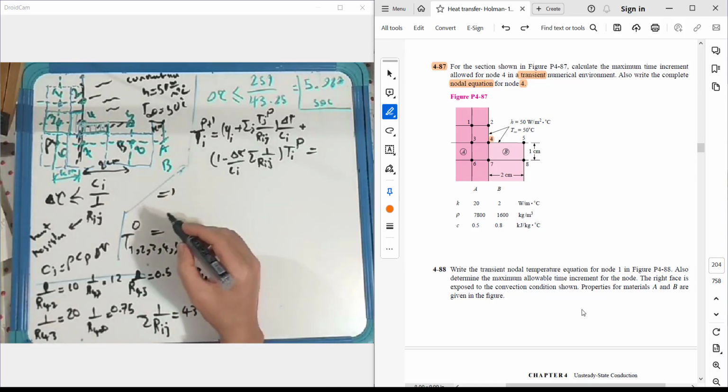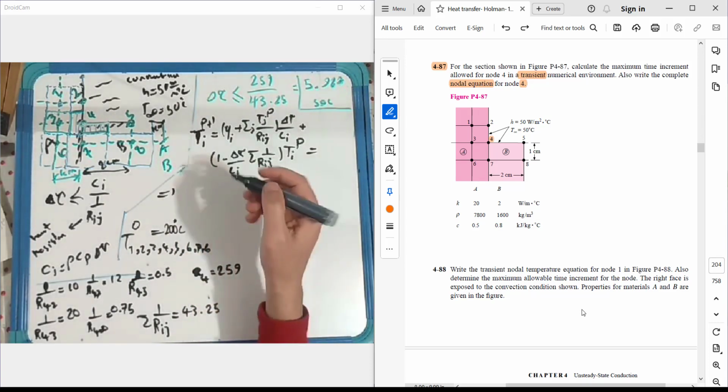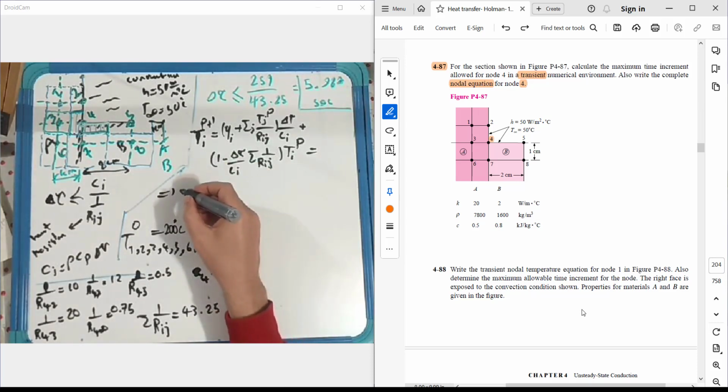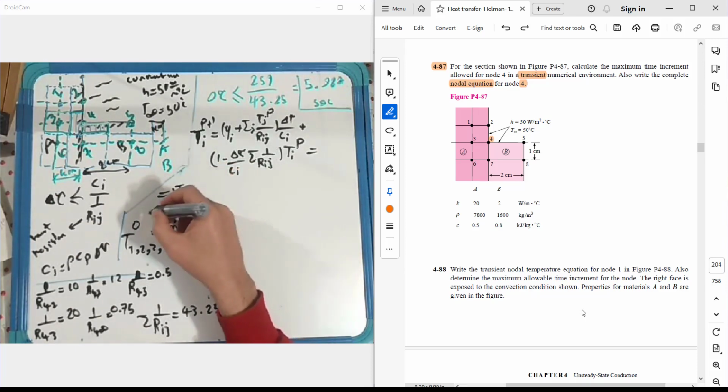Imagine all of them are 2000 degrees Celsius. So we want to write it for 4.4, T4, and p is 0.